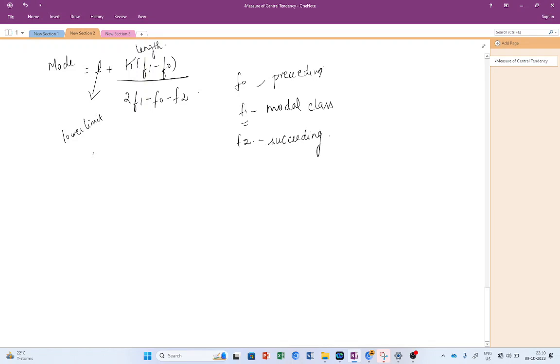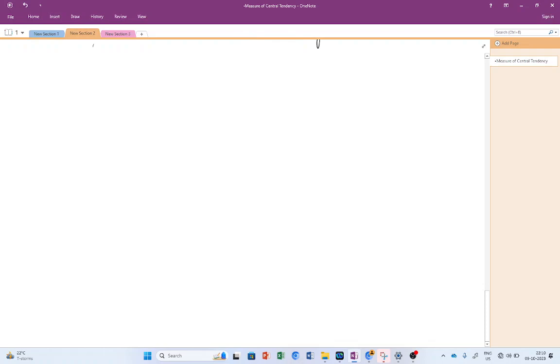So the question is, find the mean, median and mode of the following data.